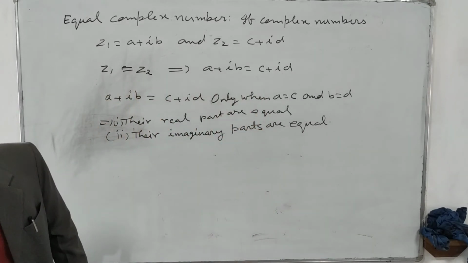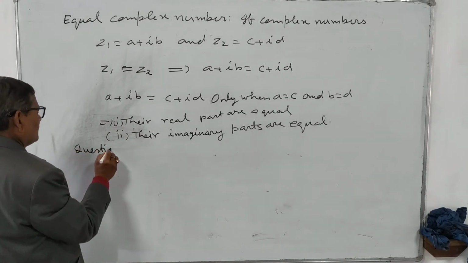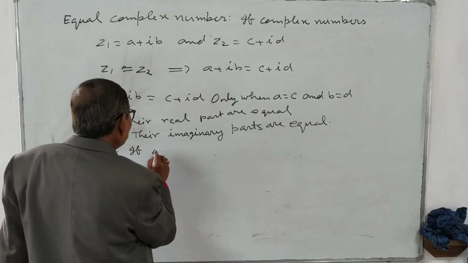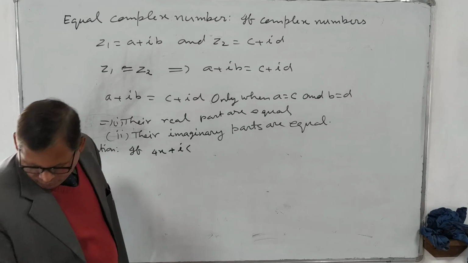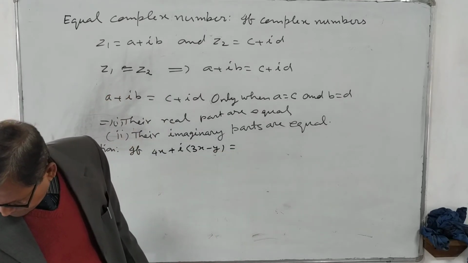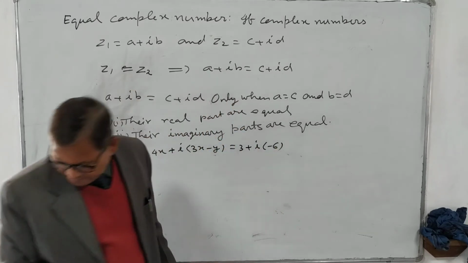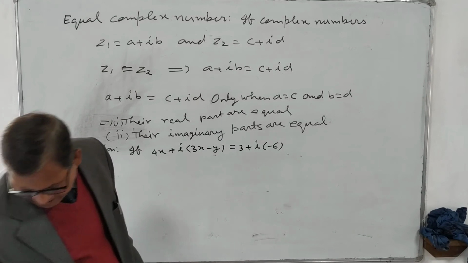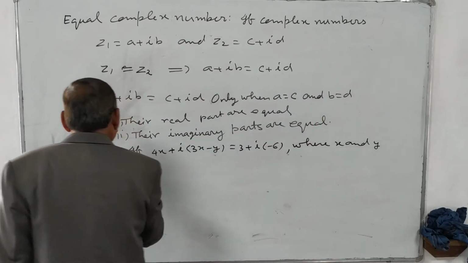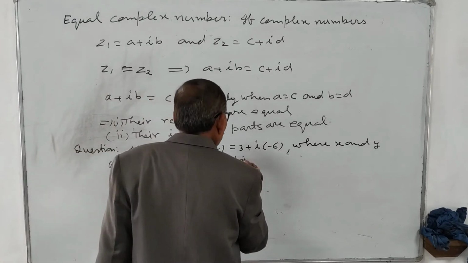So now I am taking one question. If 4x plus i into 3x minus y equal to 3 plus i into minus 6, where x and y are real numbers, find x and y.